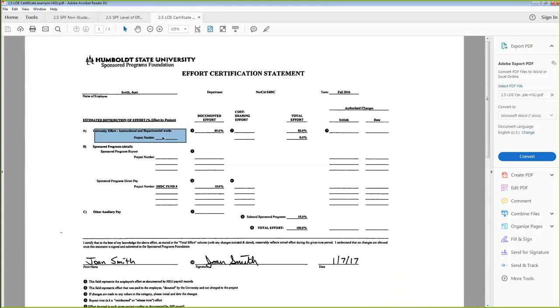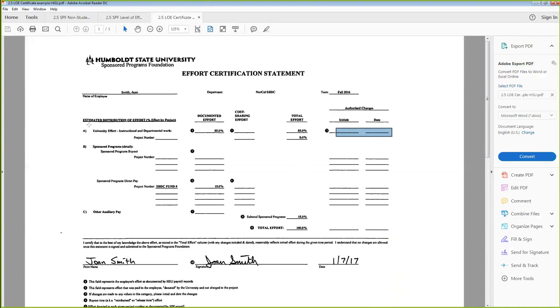So if that was federal funds or state funds or local funds, we would put that project there. And then documented work, if it's 85%, you follow over with this 85%. And then there are initials that are supposed to happen here and the date. So authorized changes, that would just be if there was an adjustment to it.